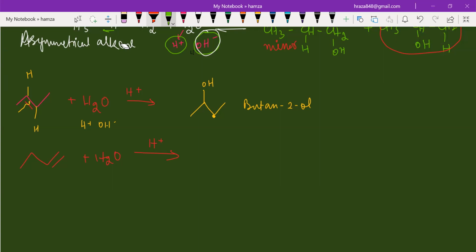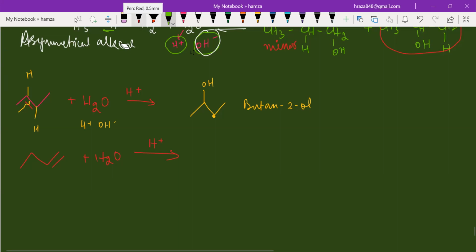Whenever you are going to name or write the IUPAC name of a compound, and if there is any functional group present, we are going to give preference to that functional group. So in order to give preference to that functional group, you do the numbering from where the functional group gets the lowest position. So instead of numbering from left to right, you should number from right to left. Are you getting my point?